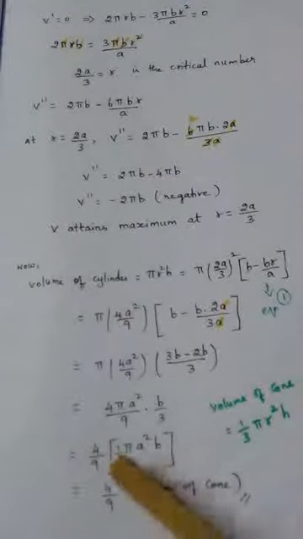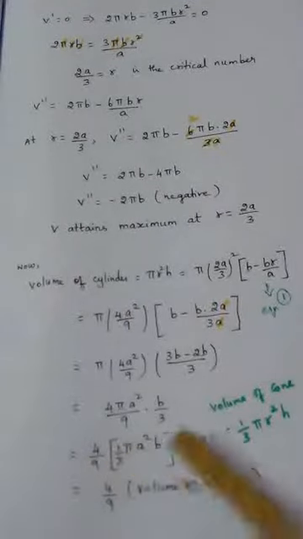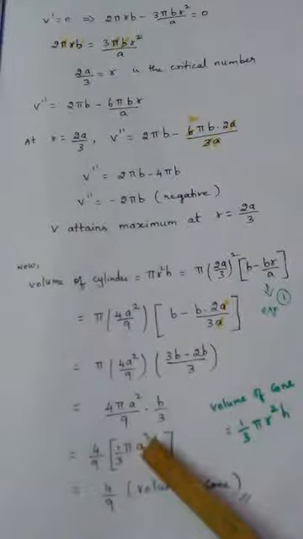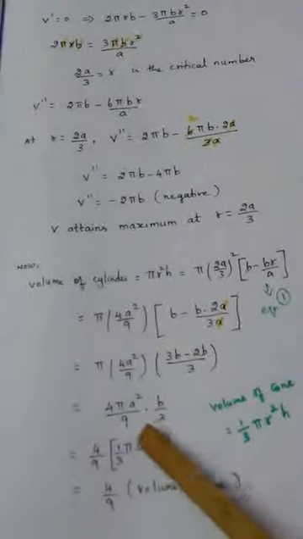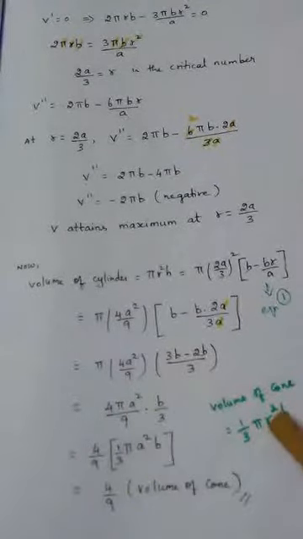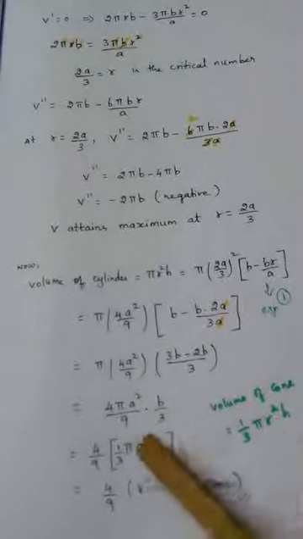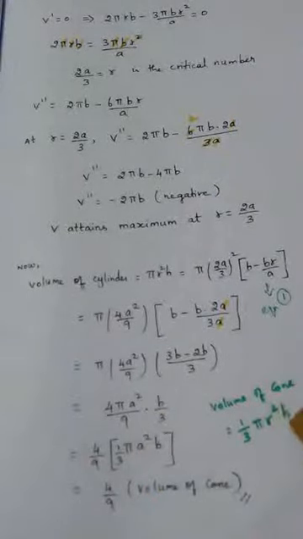Yes or no? So if you see this 1 by 3 pi, in place of r, a, because in the diagram a is called what? Radius of cone. Here r is also radius of cone. So instead of r, a is present. What is b? Height of the cone.